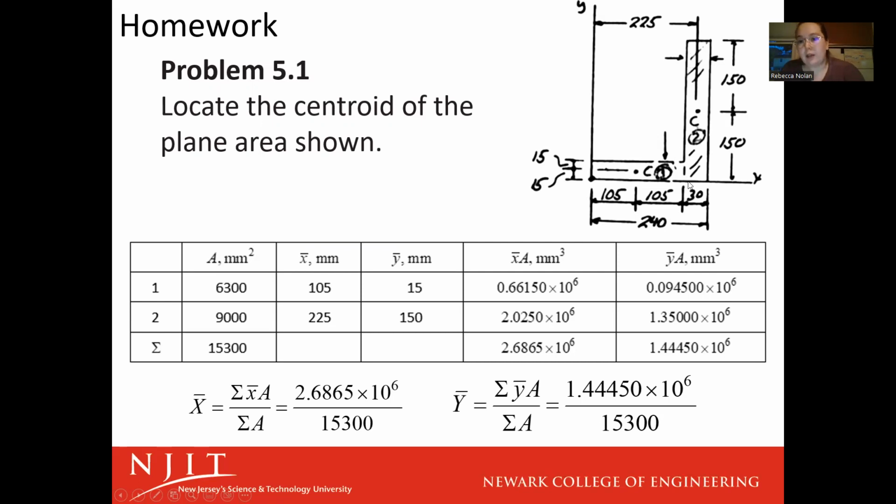So the X bar of the second one: the rectangle is 30 wide, so our x centroid is going to occur at 15 into that rectangle, right? But our rectangle doesn't start until 210. So our x bar is going to be that 210 plus that 15.